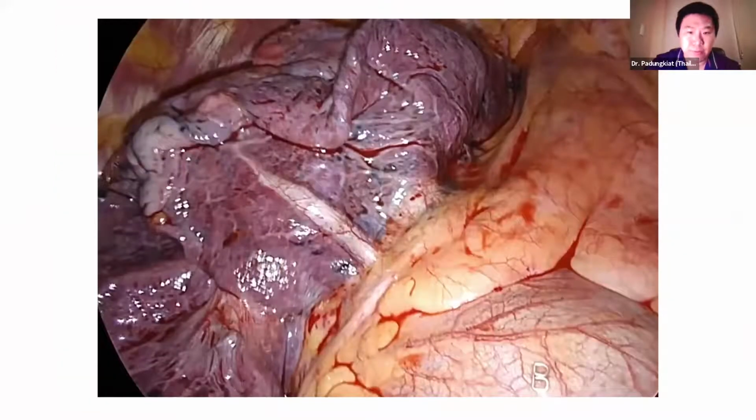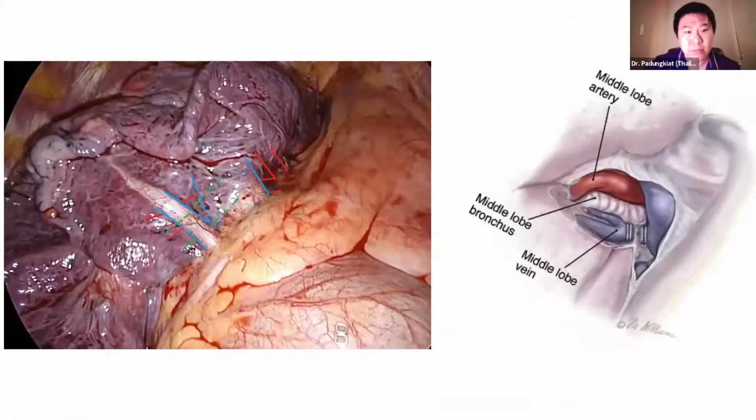And now it's middle lobe. So this is the right middle lobe PV, and this is the upper lobe PV. I'm sorry. So, all right. So behind the right middle lobe pulmonary vein, it's a bronchus. It's not a PA.